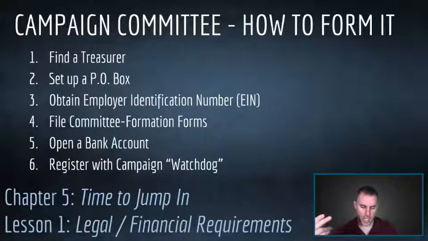I set up a P.O. box, and that can be in the name of the campaign or your own name, whatever, but you need to have the P.O. box. 3rd, I would obtain the employer identification number, and you can do that through the IRS, like irs.gov, really easily. 4th, I would file committee formation forms with the Sacramento County Board of Elections.